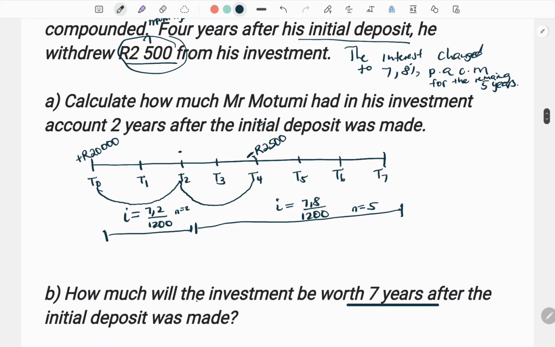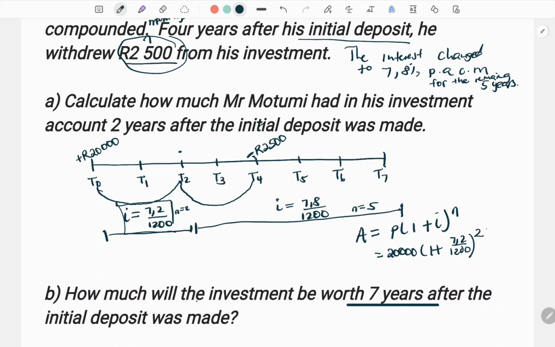So let's find the answer for the first question. It's going to be A equals P(1 + i)^n. We always use compound interest when it comes to these questions of the timelines. Now, your P, Mr. Motumi deposited 20,000. 1 plus the interest, remember, it's 7.2 over 12, exponent of n is 2.